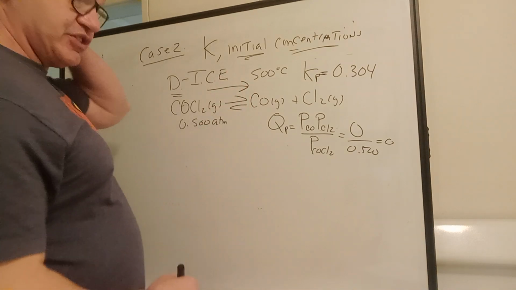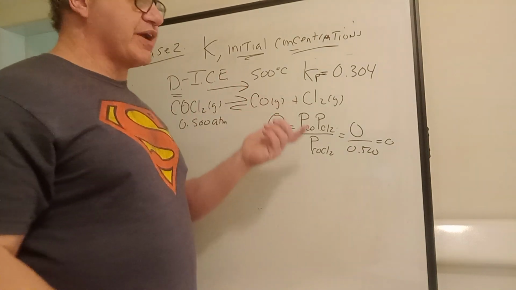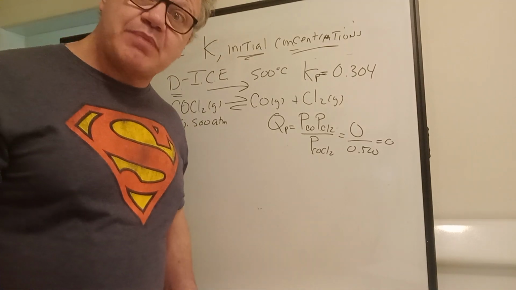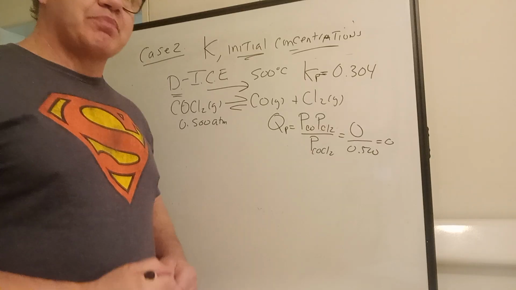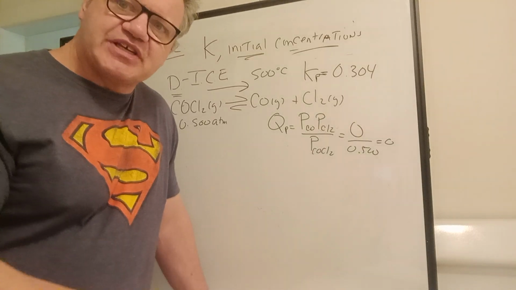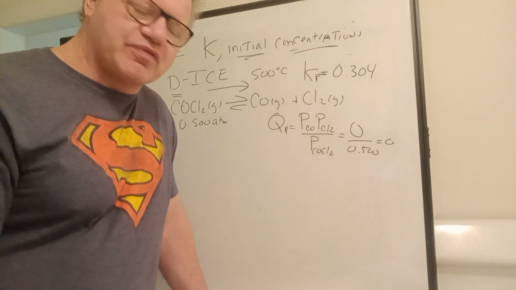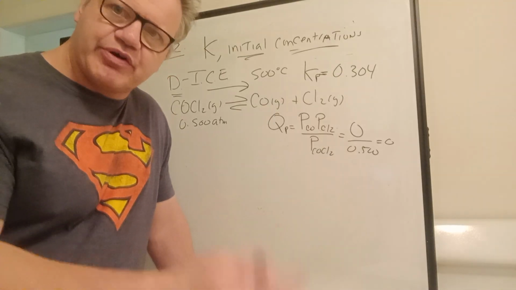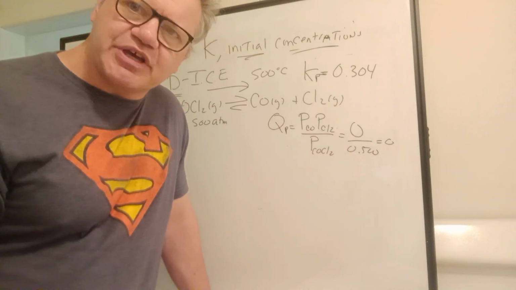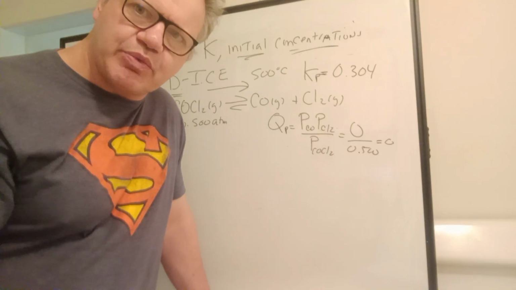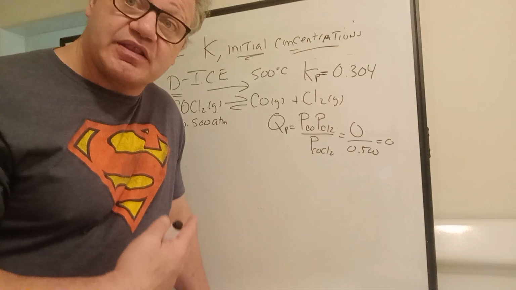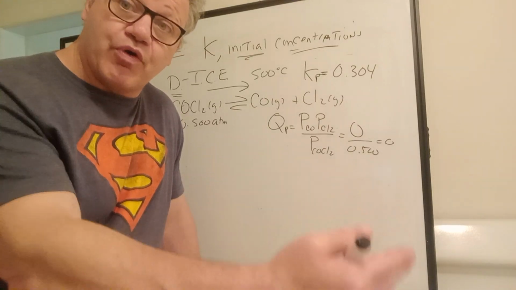Now you sit there and say, yeah, it's a no-brainer. It has no products, we're going to head to the right. And very often the books present that as the problem. That is one of many problems. Typically, let's take biochemistry. You're observing a cell in situ, and you do measurements of the composition of the cellular material associated with a particular reaction, all the substances that are associated with it. You may be at equilibrium, or maybe what you're measuring is not at equilibrium. You could be before it, or past it.